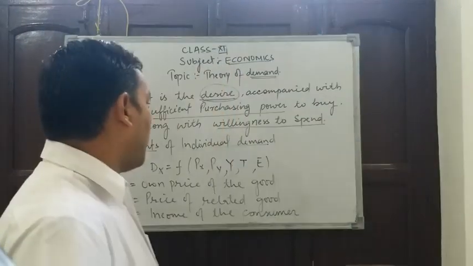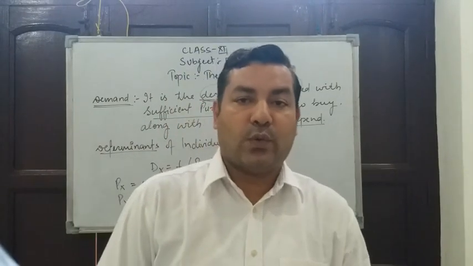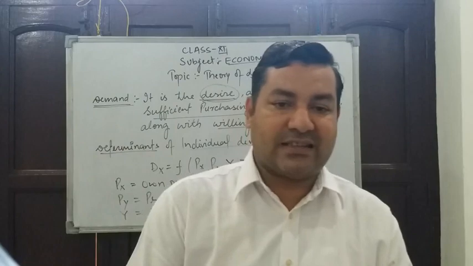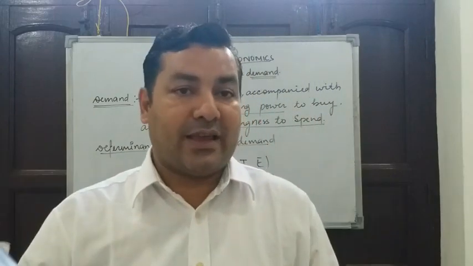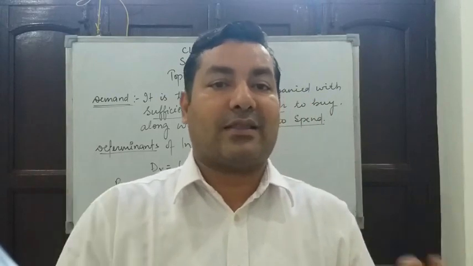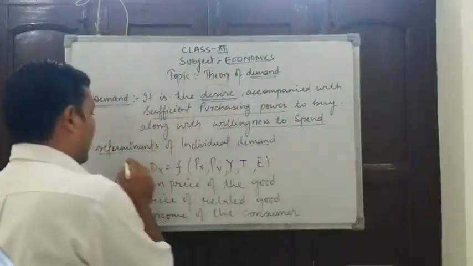Now our second point is, what are the factors on which demand of a good depends. हम किसी सामान को ज़्यादा खरीदेंगे या कम खरीदेंगे, ये किन बातों पर डिपेंड करता है, उनको कहते हैं डिटर्मिनेंट्स, या ये भी कह सकते हैं फैक्टर्स.